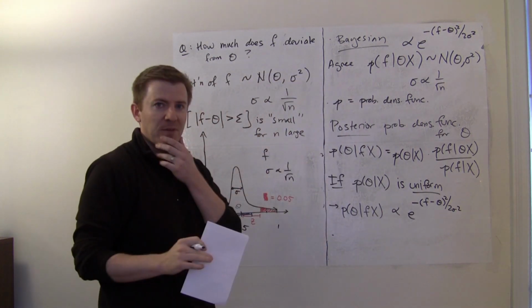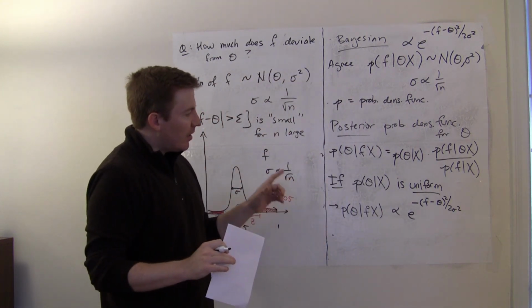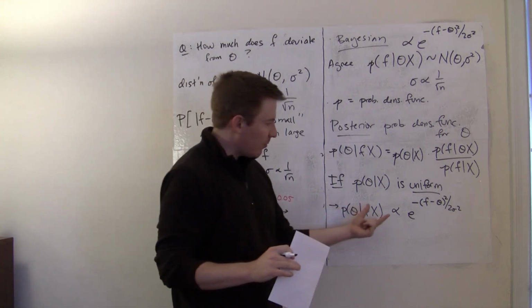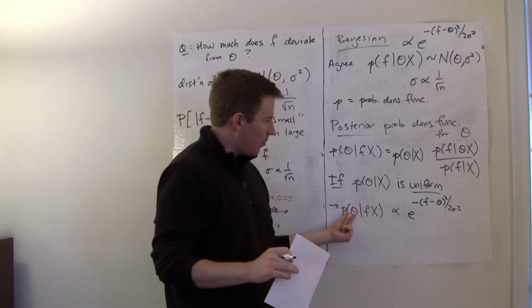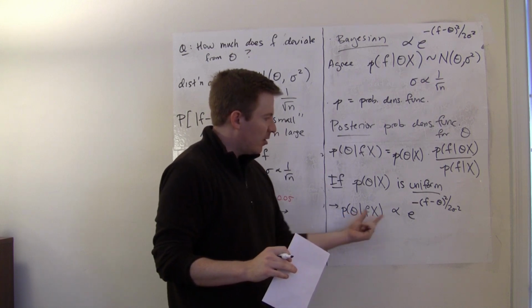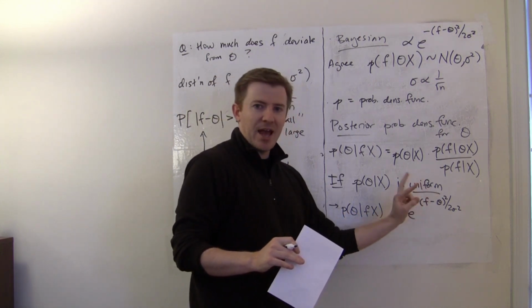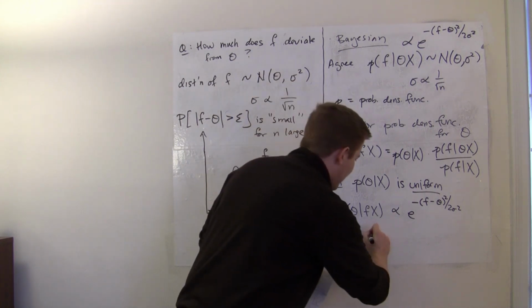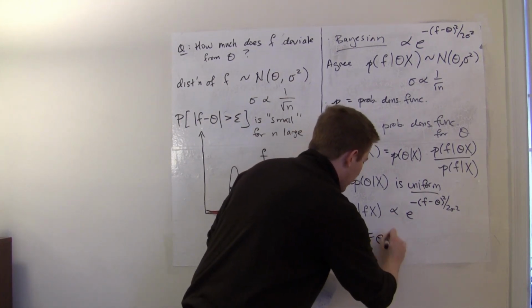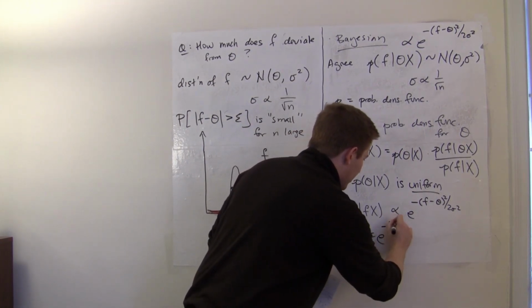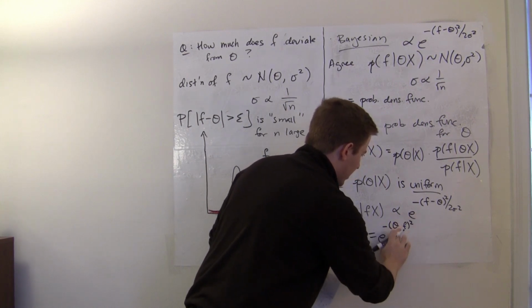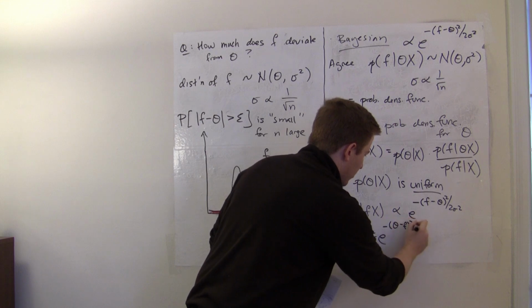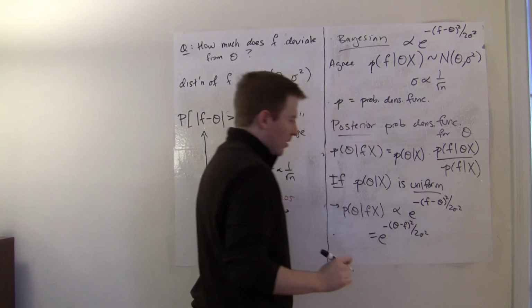So far so good. Maybe it looks a little bit strange. And now here's the real kicker. This function, now that we're thinking of it as a function of theta, is symmetric in f and theta. So this actually is equal to e to the minus theta minus f squared divided by 2 sigma squared.